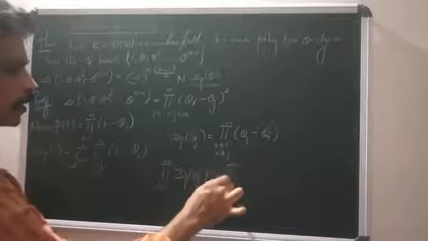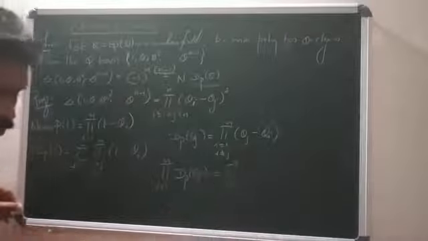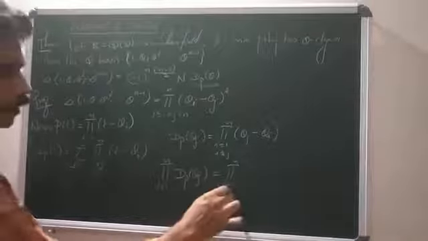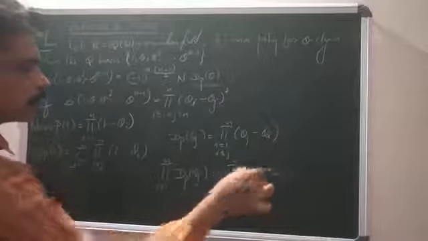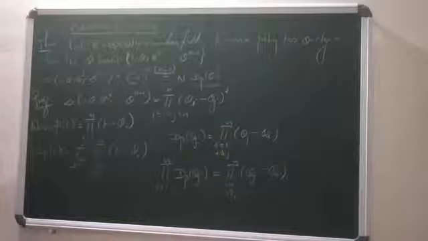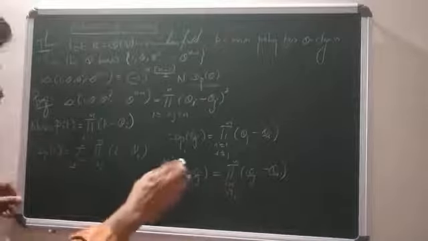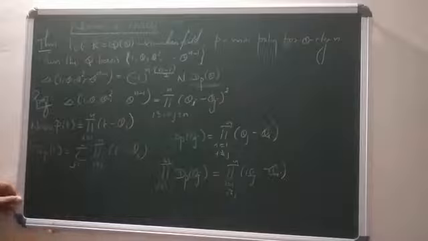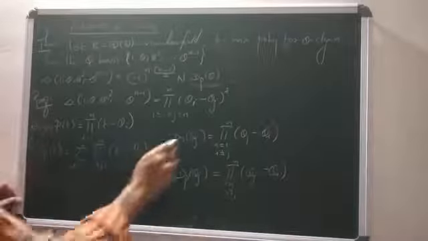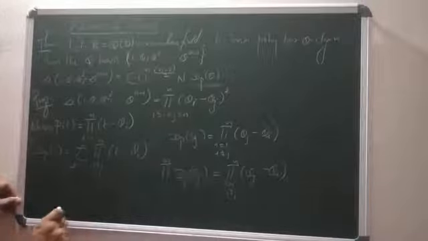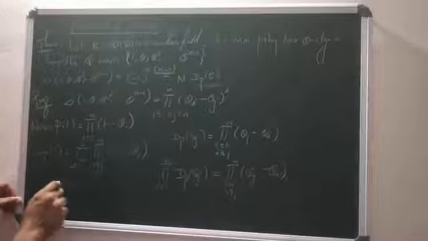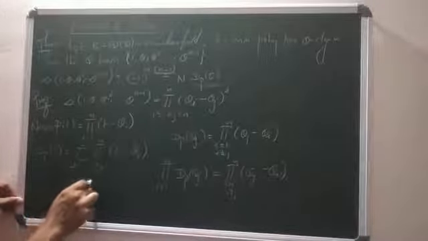The right side is the product over i differing from j of (theta_j minus theta_i), or (theta_i minus theta_j).